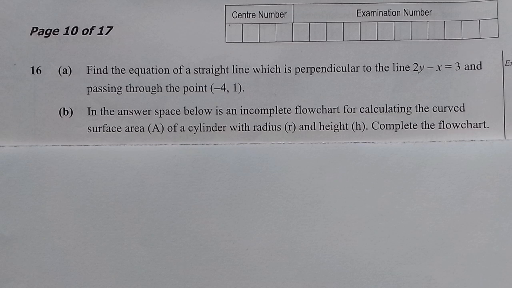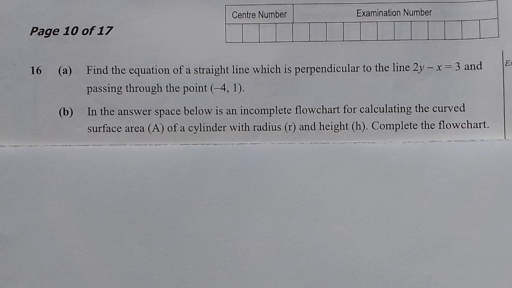Then B, in the answer space below is an incomplete flow chart for calculating the curved surface area, which is denoted by A, of a cylinder with radius r and height h. Complete the flow chart.